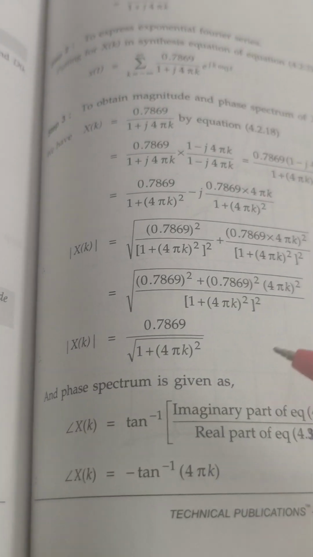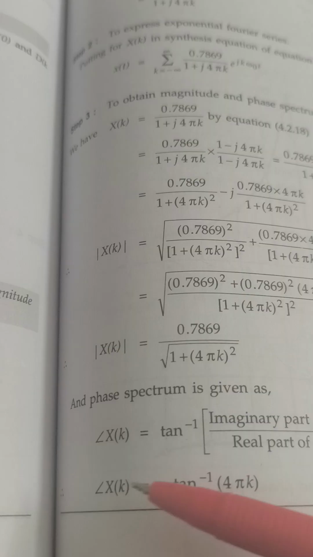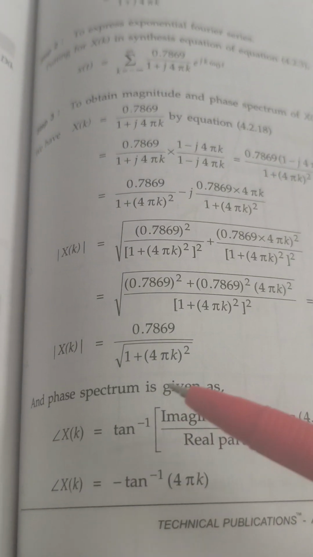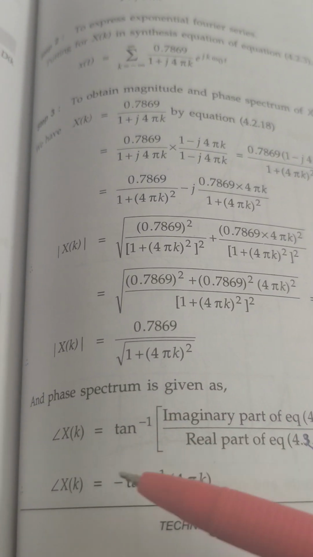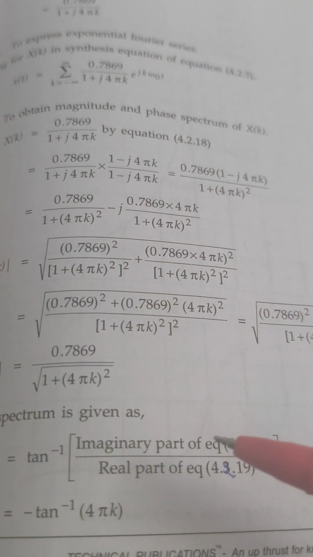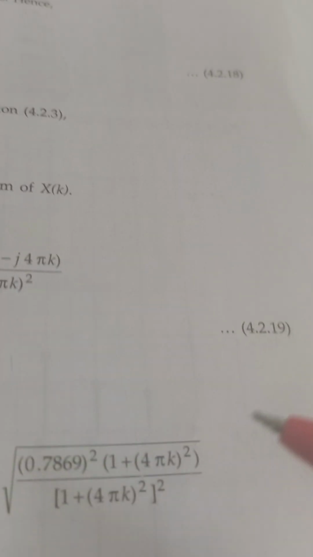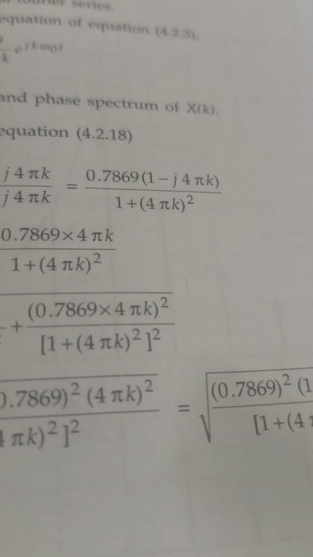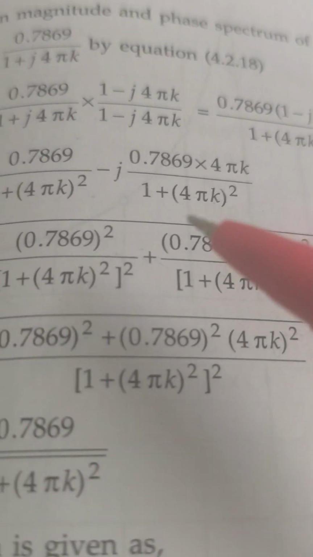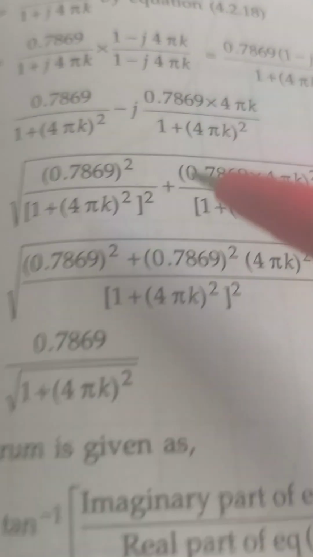We got the magnitude of X of k. Now we will find the phase spectrum. The phase spectrum is given by the angle of X of k equal to tan inverse of the imaginary part of equation 4.2.19 divided by the real part of equation 4.2.19. As I told, this is the real part and this is the imaginary part.